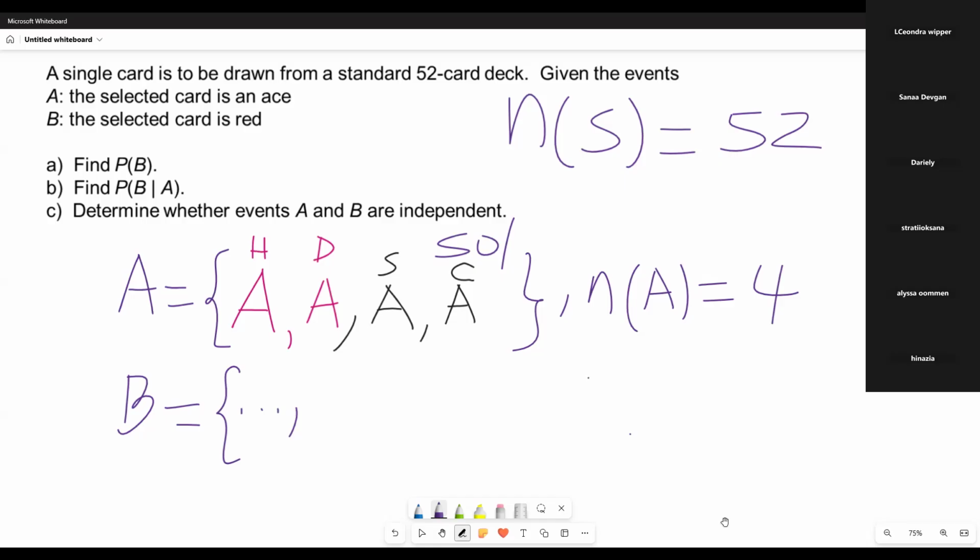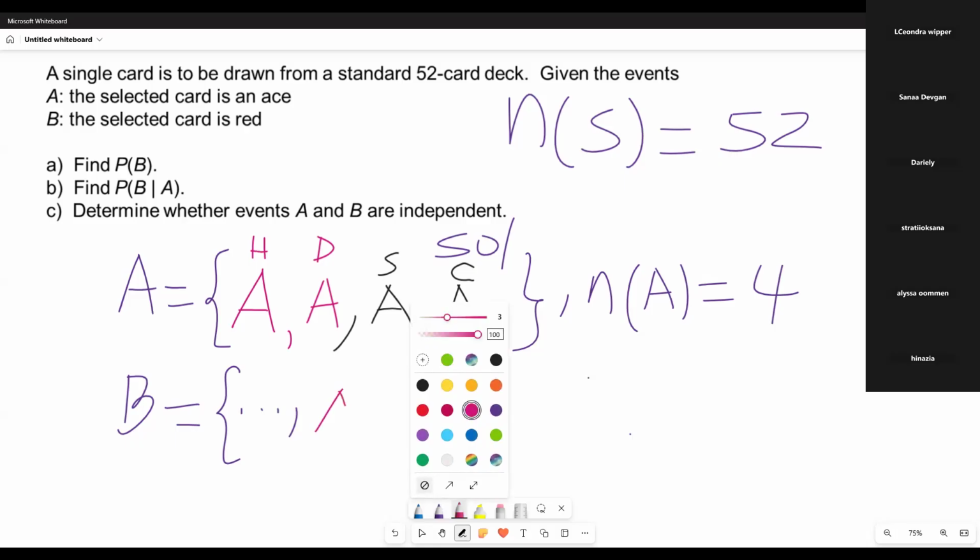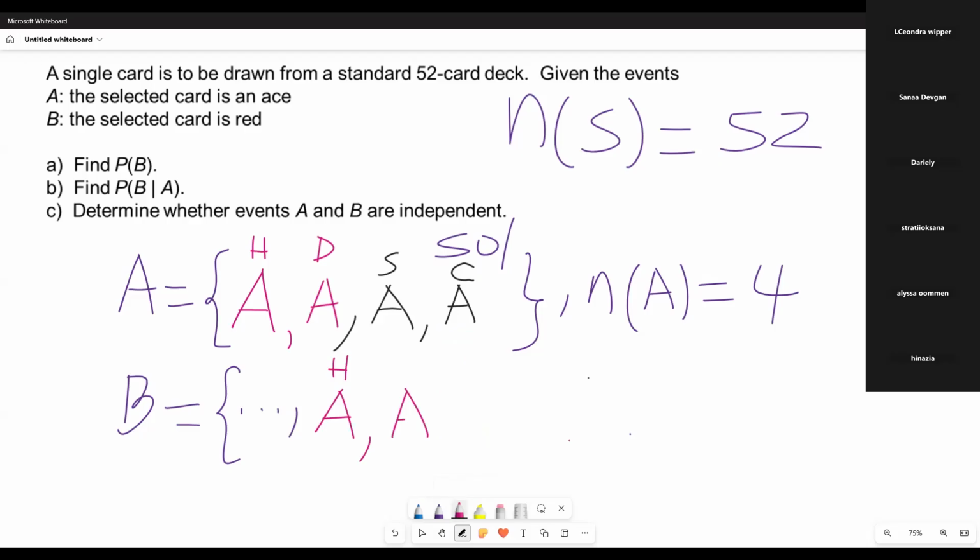But what I'm going to do here, I don't think I'm going to give you all. I'm going to put ace of heart and ace of diamond. And then of course, we've got 26. So N of B equals 26.